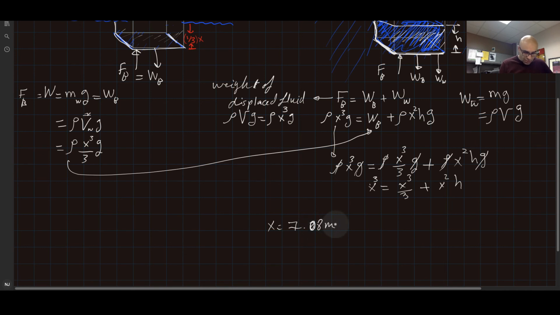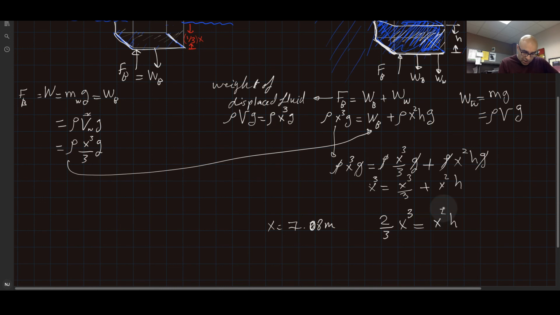7.08 meters. Before plugging that in, it's a good idea to do a quick estimation. x cubed minus x cubed over 3 is 2 over 3 x cubed, and that must be equal to x squared times h.